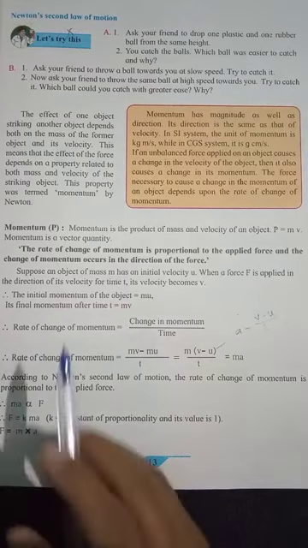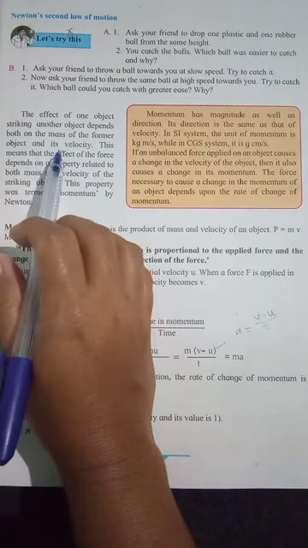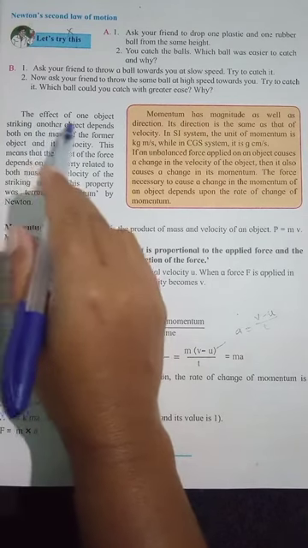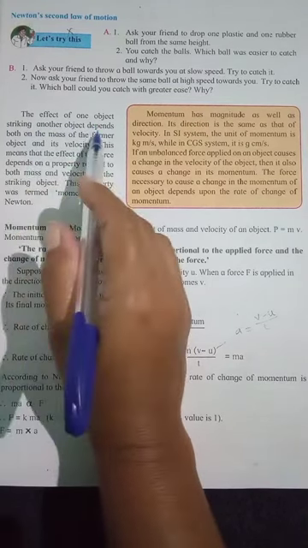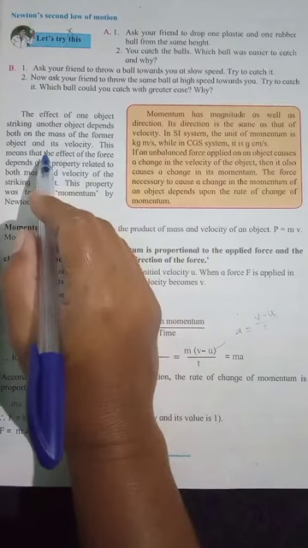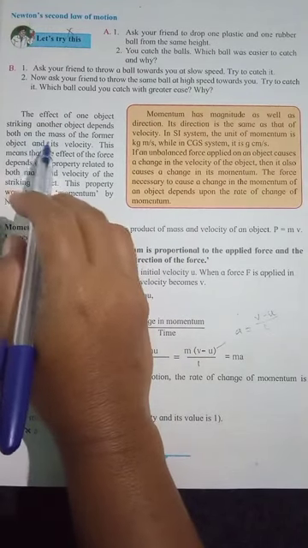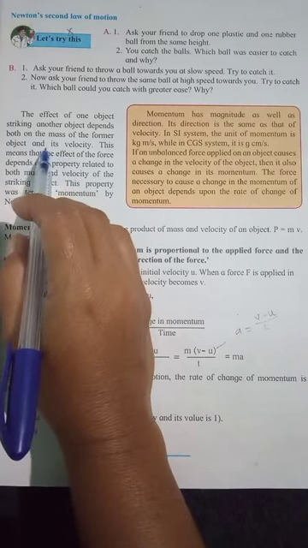So let's start. The effect of one object striking another object depends both on the mass of the former object and its velocity. If there are two objects striking one another, the velocity of the object depends on their mass.